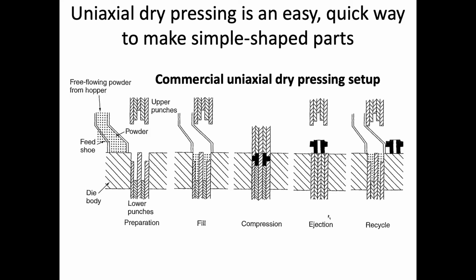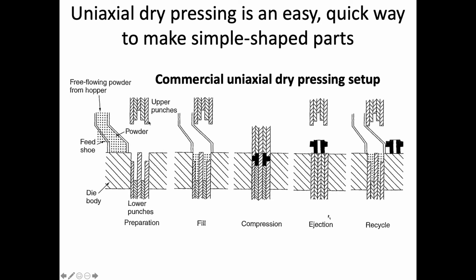So this is actually more complicated than the setup that you saw in lab, but mostly what's happening here is we have a powder. It's in a hopper, which allows us to flow powder into the die. So in this case, this is set up on an assembly line. So the powder comes through the hopper. To do that, it needs to flow freely, and that's something that not all powders do. So that's where an additive might come in handy. And it goes into the punches.